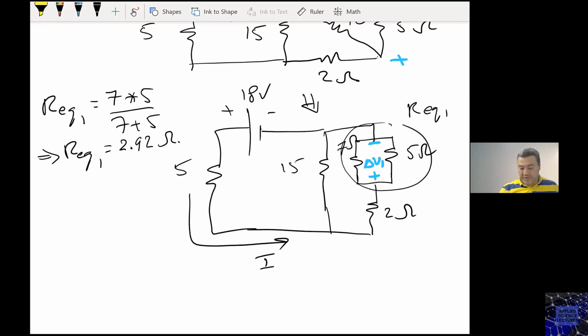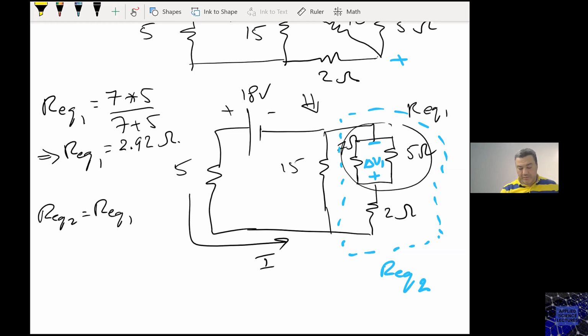I can call this R equivalent 2. Then R equivalent 2 is R equivalent 1 plus 2. R equivalent 2 is 4.92 ohms.